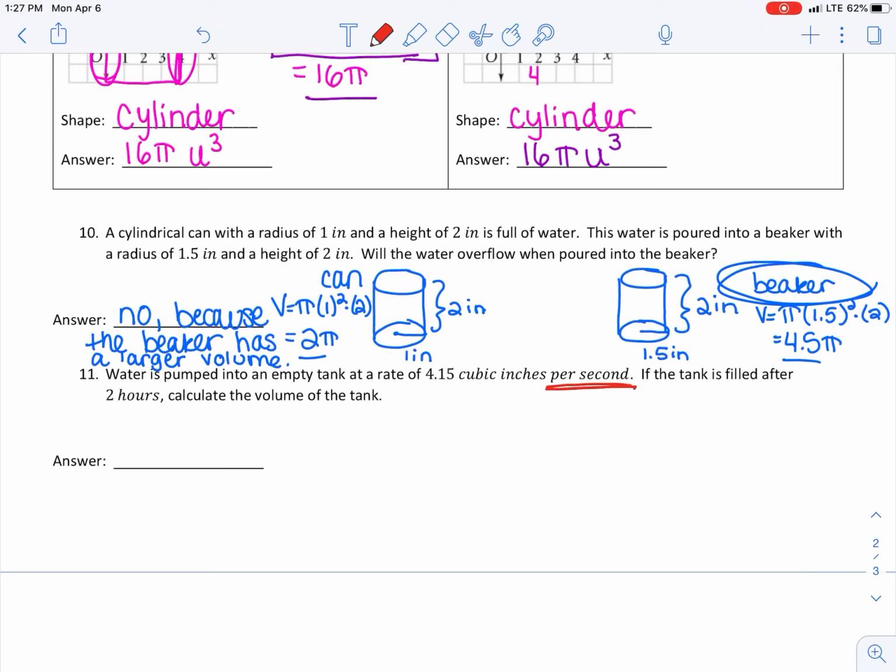Okay? And we are talking about hours here. So if it's 2 hours, we need to figure out how many seconds are in 2 hours. So if you look here, we have 60 seconds in a minute.